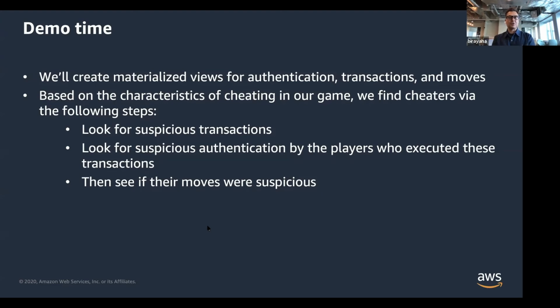Based on the characteristics of the cheating that we discussed, we start by looking at suspicious transactions, then suspicious authentication by the player who executed the transaction, some sort of join, and then we try to make sense of this suspicious activity by looking at the third dimension, which is the player moves.